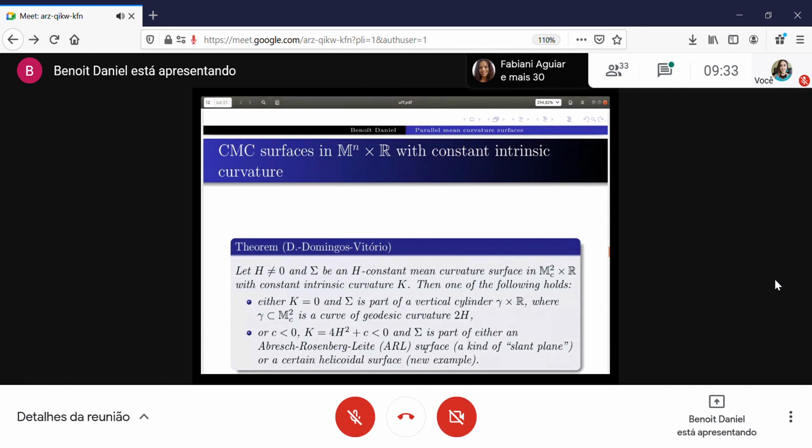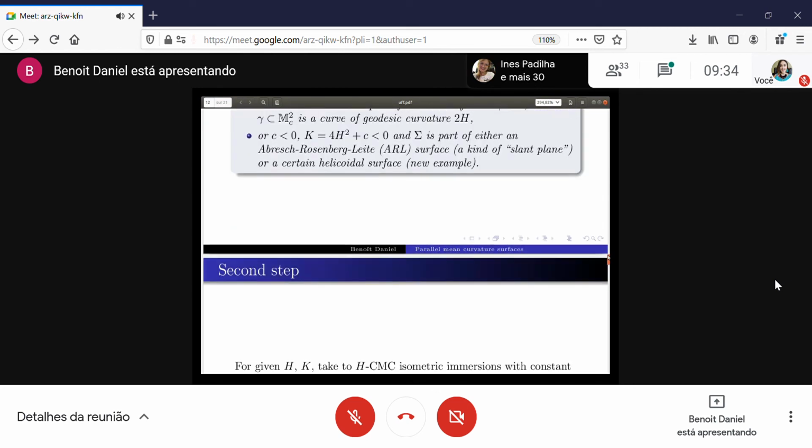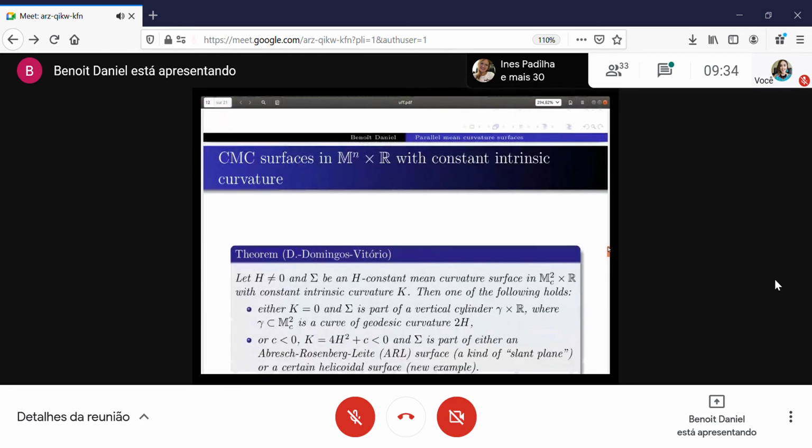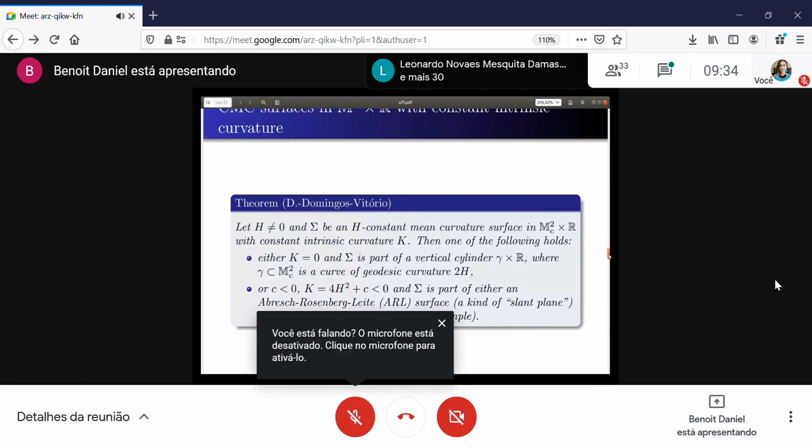The Torralbo-Urbano correspondence says that if I want to have a PMC surface with constant curvature K, I have to take two CMC surfaces with constant curvature K and the same value of H. This looks easy, but we have to be careful, because this is a classification of surfaces, I mean of the images of immersions. But the classification of Torralbo and Urbano is about immersions, not about surfaces.